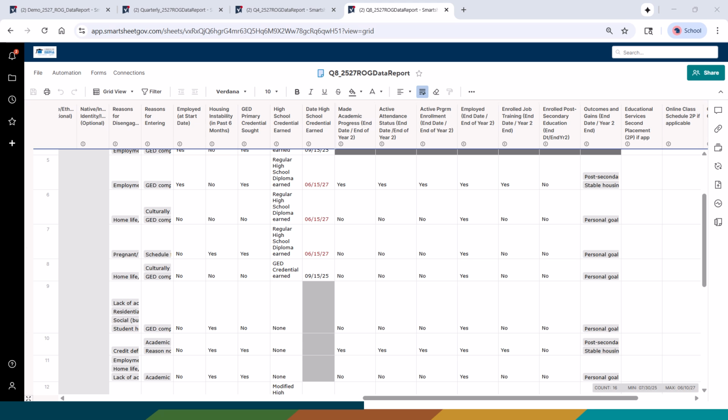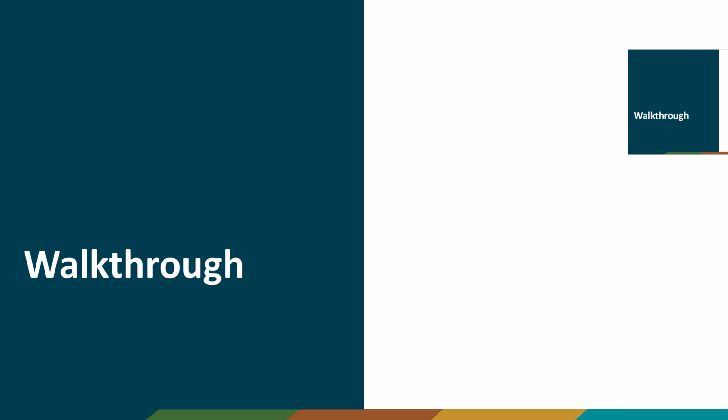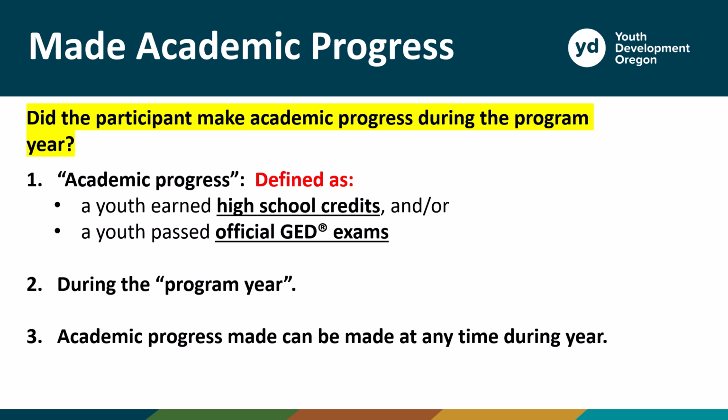Okay, so at this point, I'm going to switch my view, and let's go ahead and take a look at individual data elements that you collected end date or end of year. So first, made academic progress.